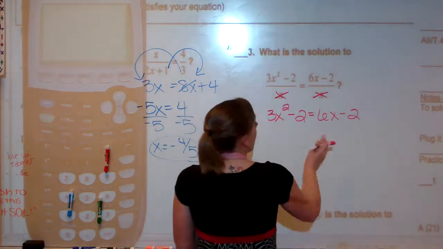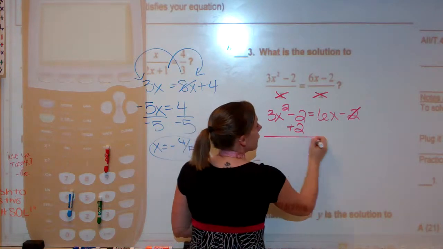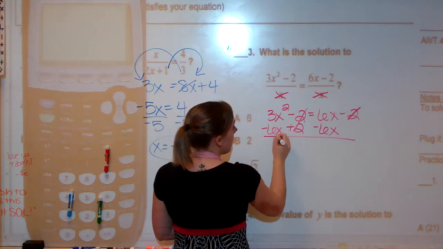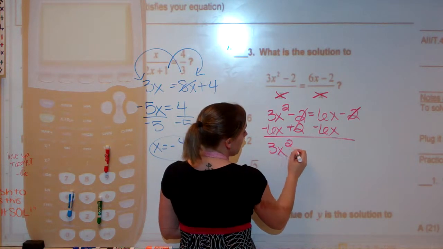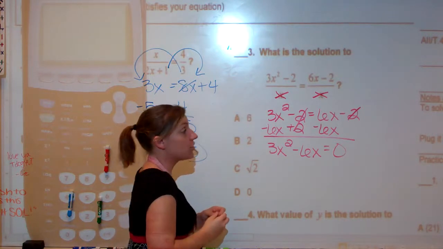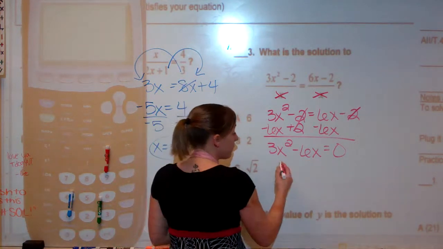We would say, let me make sure it equals 0. If I add 2, the 2 goes away. And then if I subtract 6x, I get 3x squared minus 6x equals 0. So there's a few options. You could put this into the calculator and get zeros. You could also factor it.